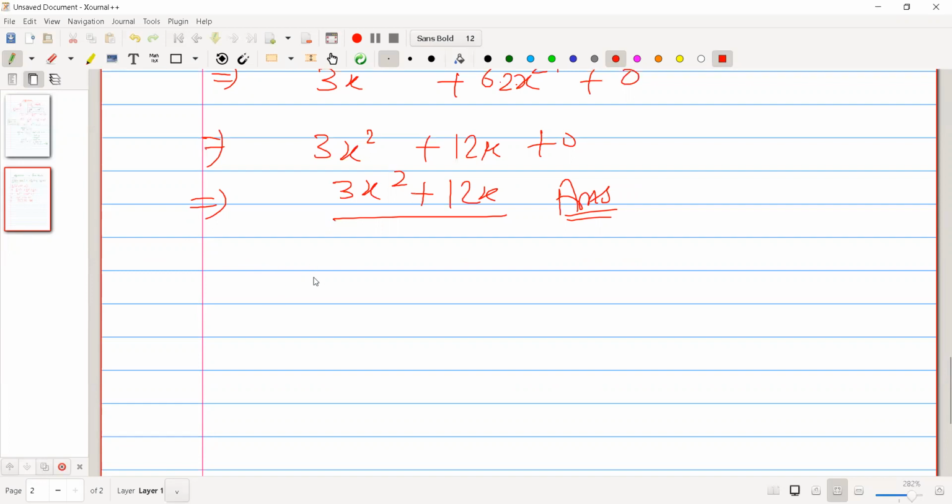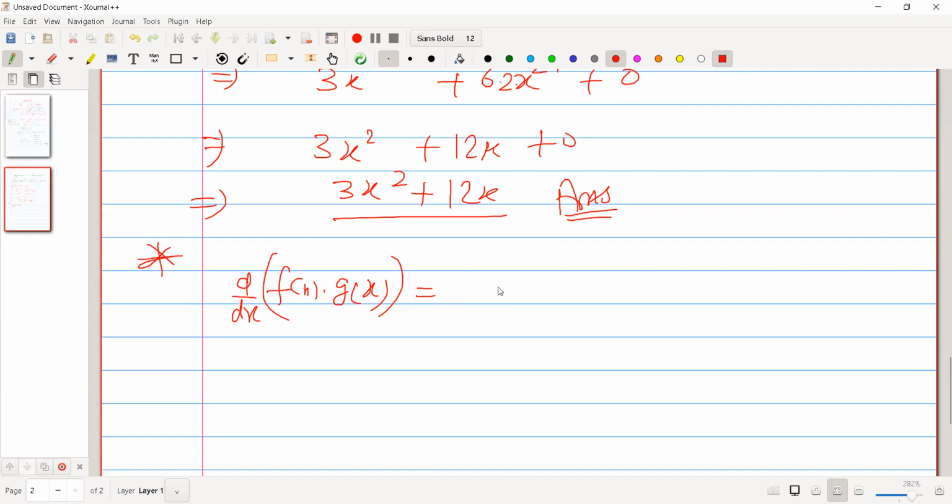If you find the product rule, let us see f(x) into g(x). We want to find this derivative here. So how to find it?